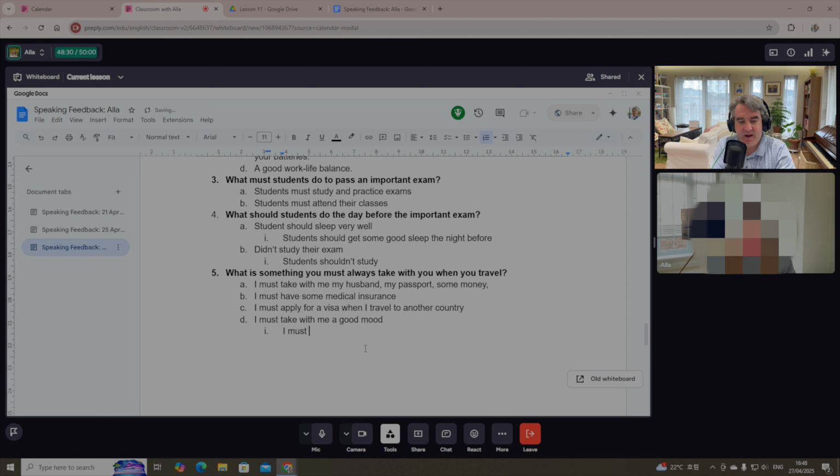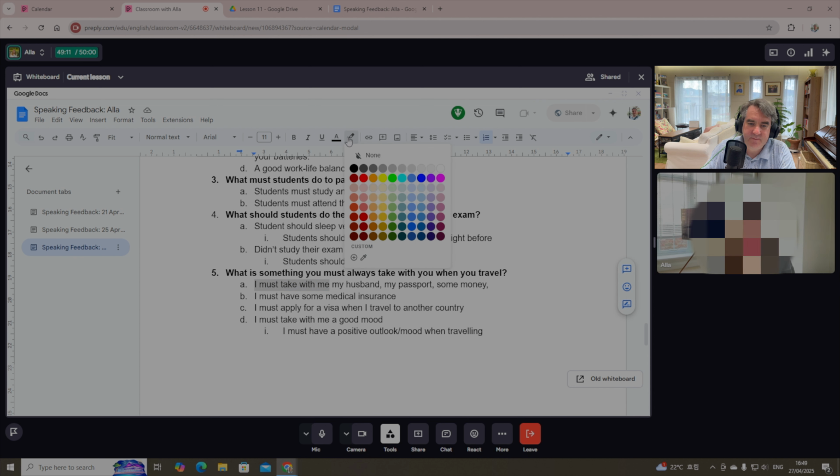Yeah, positive mood. I must have a positive outlook, maybe, or positive mood. Maybe it's not must, but sometimes it's must. That's always be good, and we will travel good and something like this.